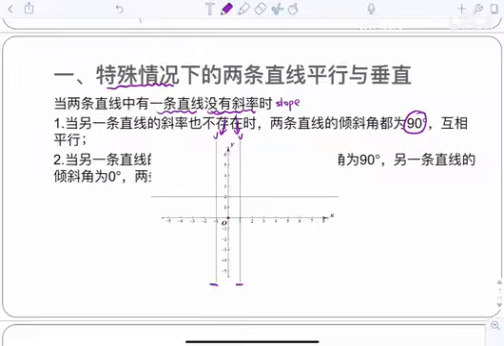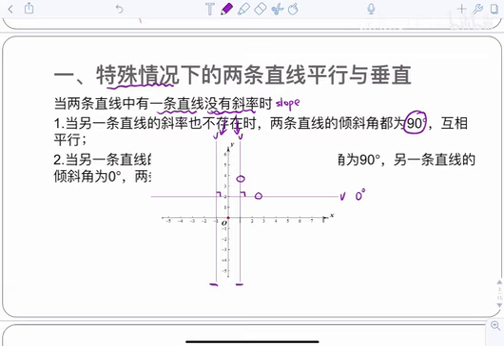So when another angle, the 倾斜角 the tilt angle is 0, like this, 它的倾斜角是 0, it means this one and this one are vertical, or this one and this one are vertical.